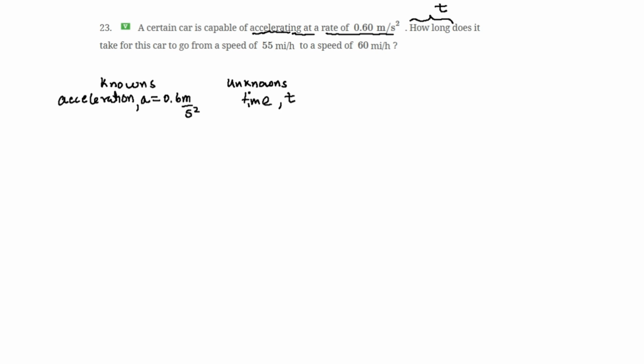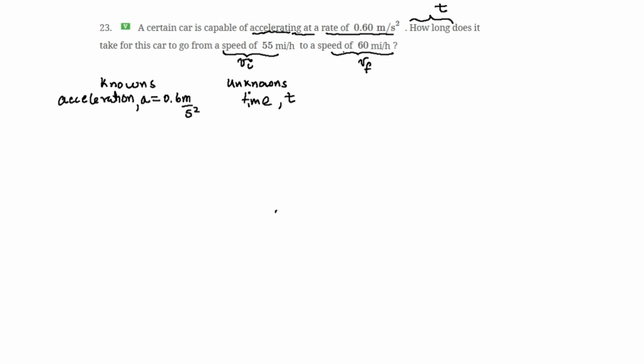Now, how long does it take for this car to go from a speed of 55 miles per hour to 60 miles per hour? So what speed is this one? The initial. What speed is this other? The final, right? So we have an initial of 55 miles per hour to a final of 60 miles per hour.